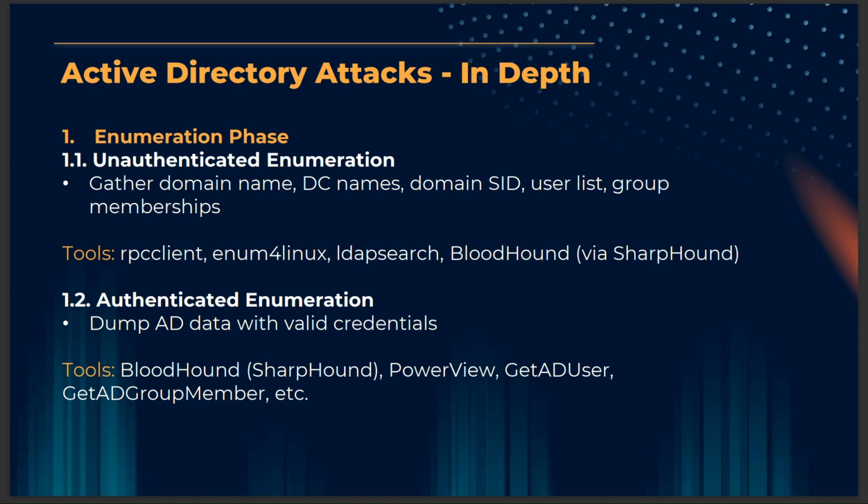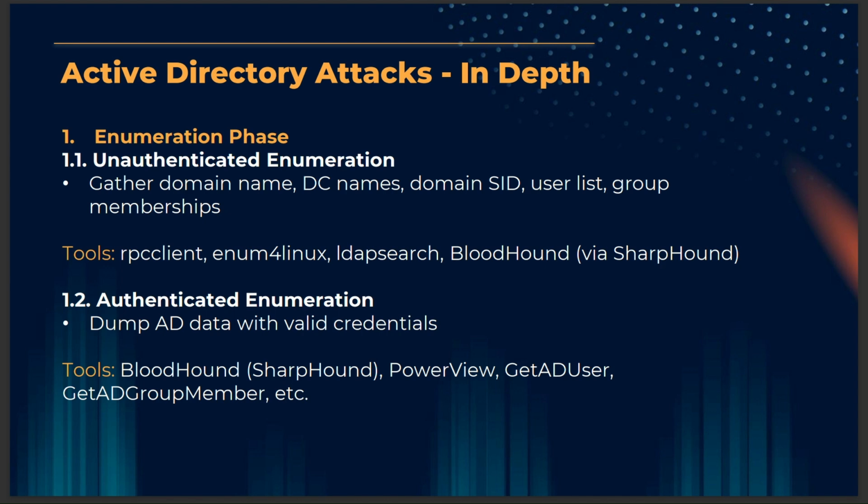Now let's talk about AD attacks. First attack is the enumeration phase. As we already know how important enumeration is, each successful attack requires a ton of information about our target. Here we have two types of enumeration attacks: unauthenticated enumeration and authenticated enumeration.